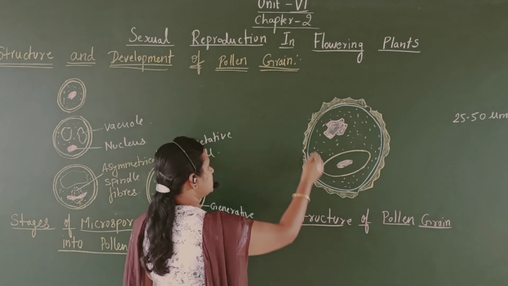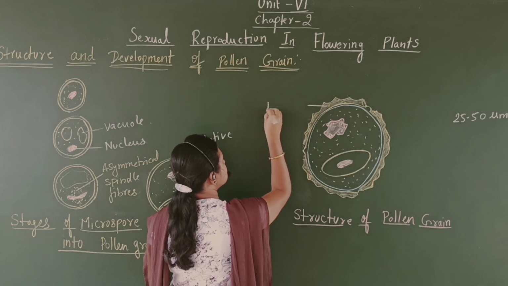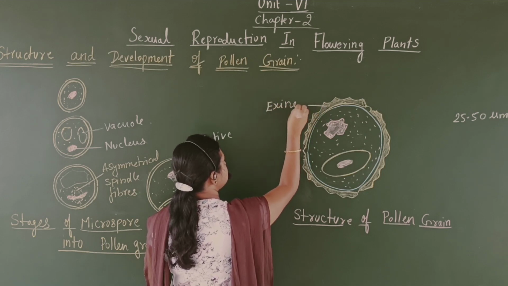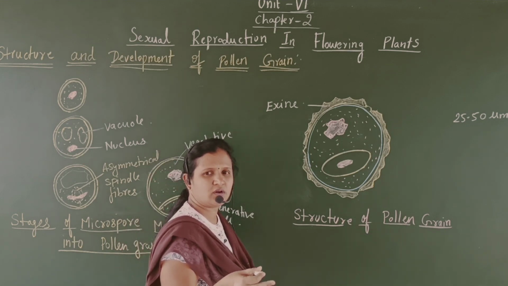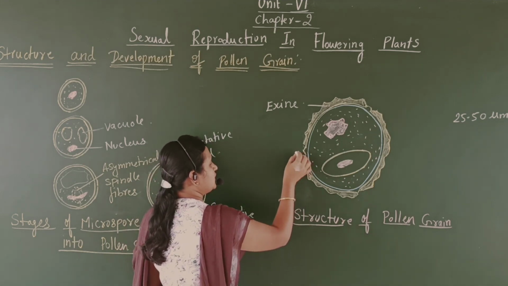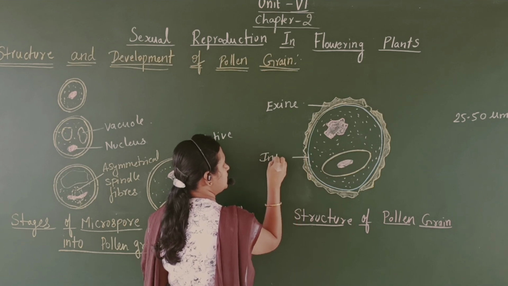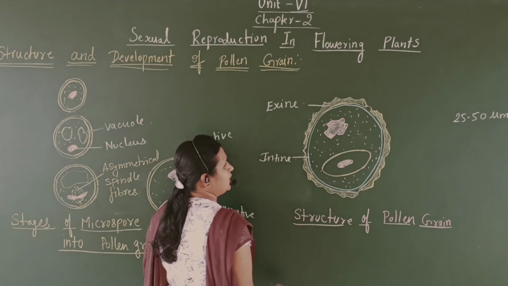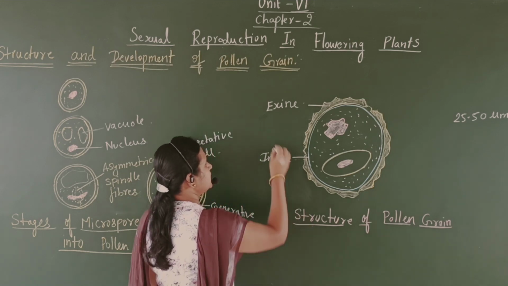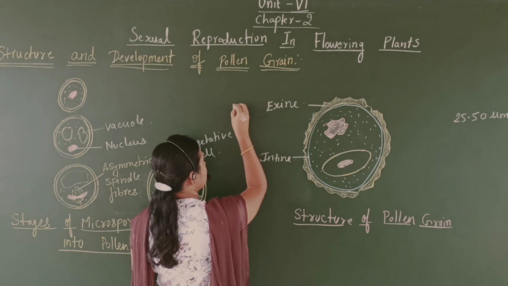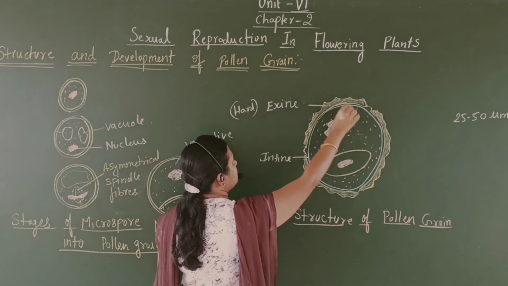The outermost wall layer in the pollen grain is called the exine, because it is present towards the external side. Towards the inside, another wall layer is present, which is called the intine. There are two main wall layers, exine and intine. The exine is very hard and not smooth.